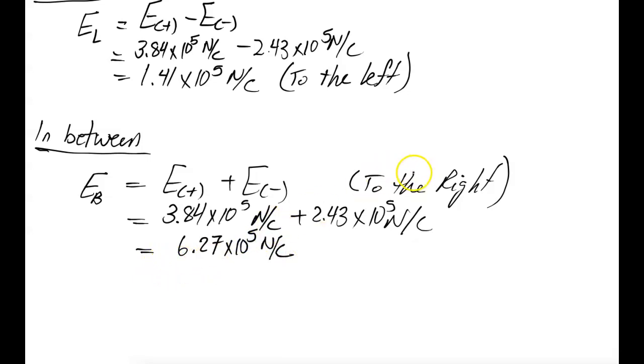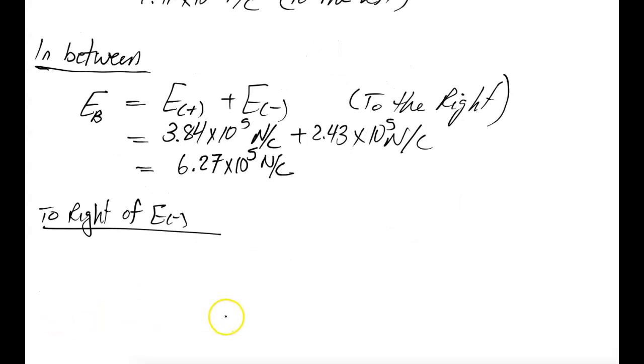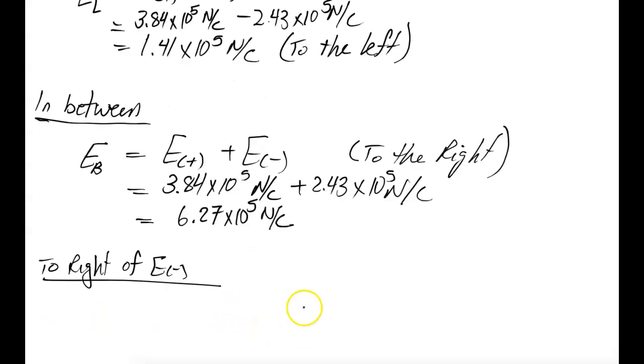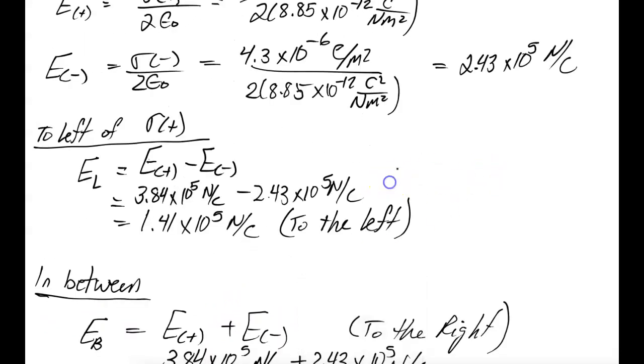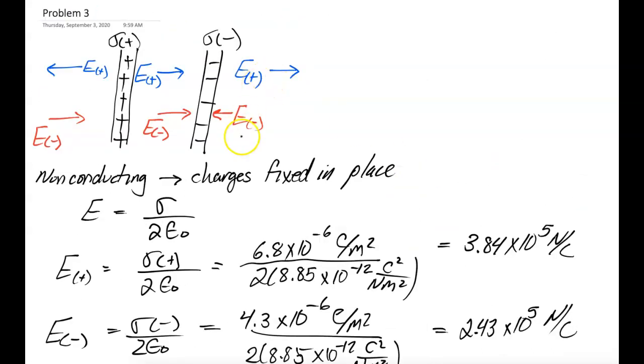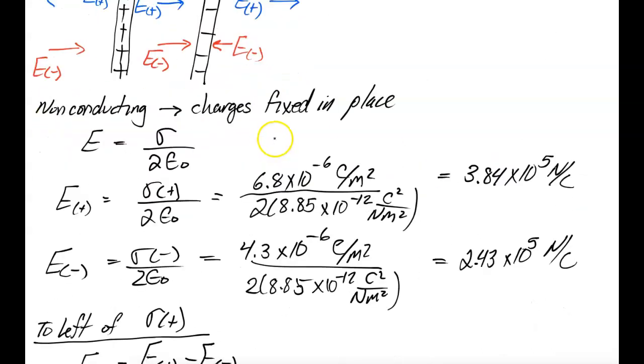Again, we already said it's to the right. Then to the right of E minus would be our last region to look at. If you look at this graph, you know that they're going in opposite directions.